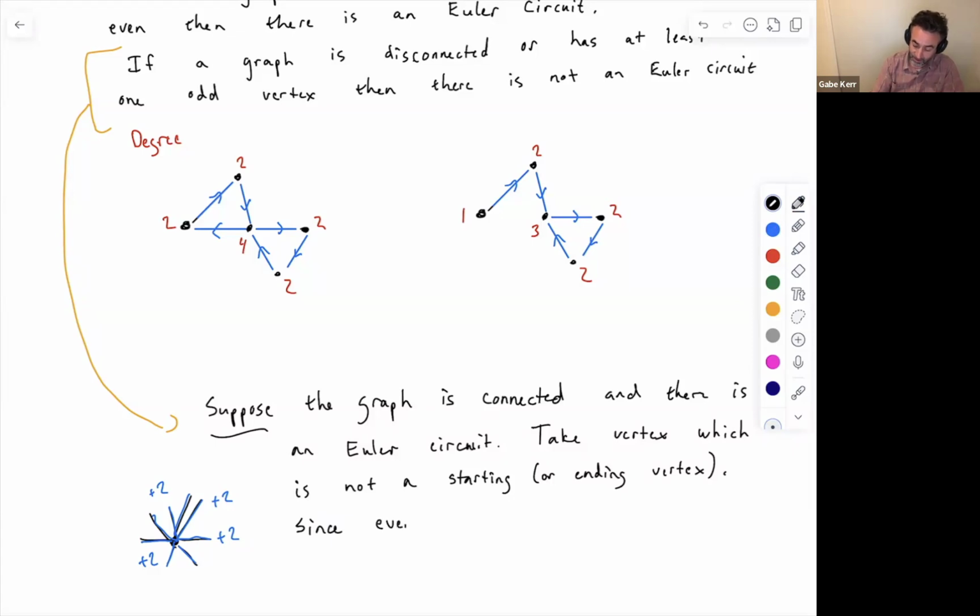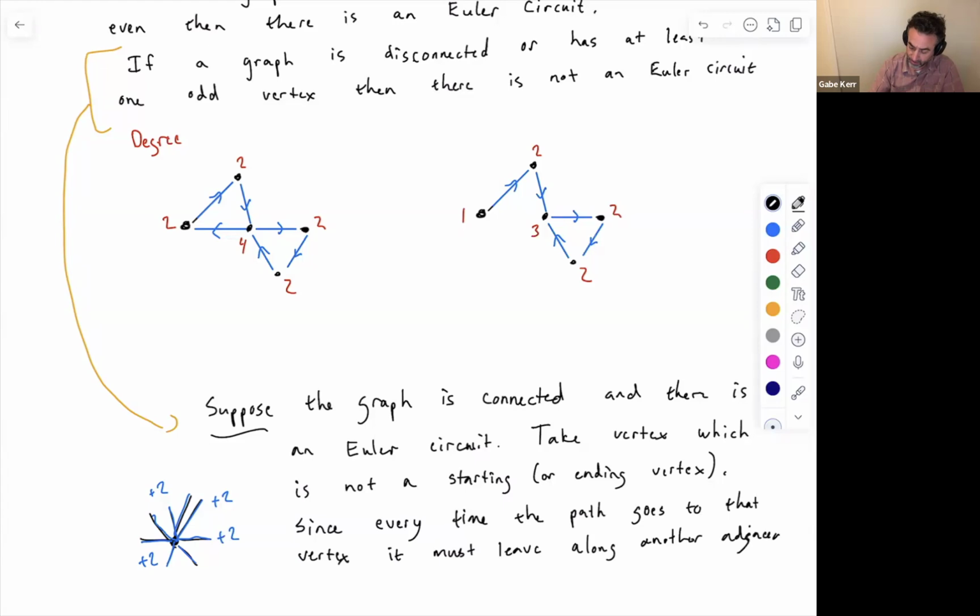Every time the path goes into the vertex, it must leave that vertex along another adjacent edge.